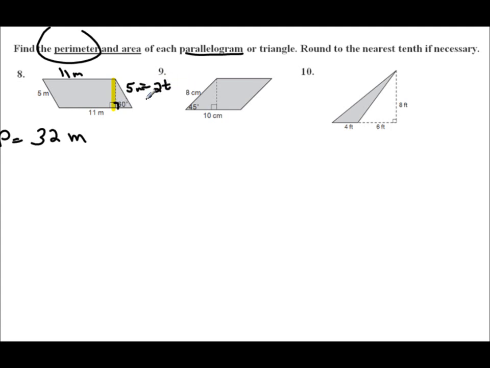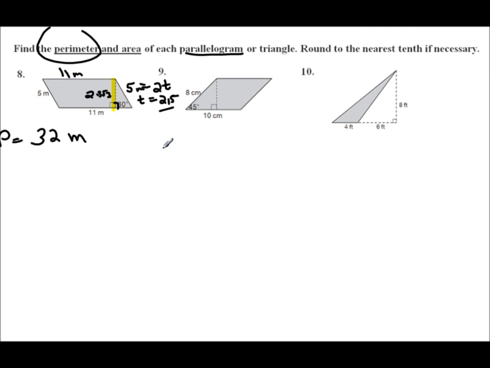So that would mean that t is 2.5, and the height, which is opposite the 60, is t square root of 3. So now we just erase and replace this t with what we found t to equal, which is 2.5.